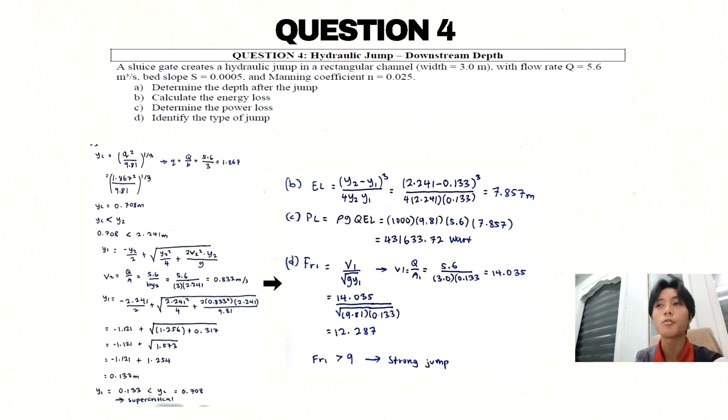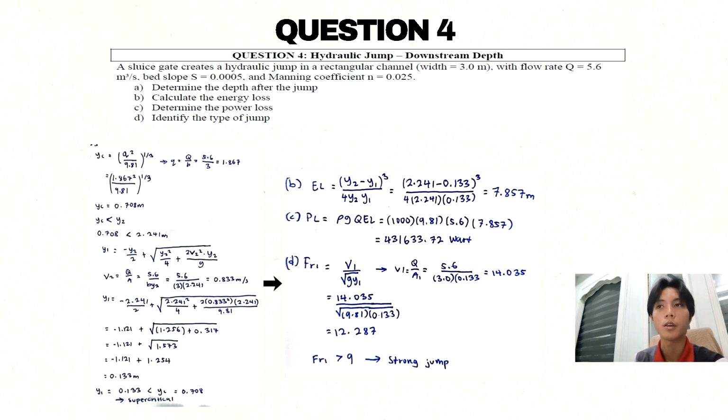So the final step is to find D, which is Froude. So we'll be using the formula V1 over square root of gravity times y1. And how to find V1 is by dividing 5.6 by 3.0 times 0.133.